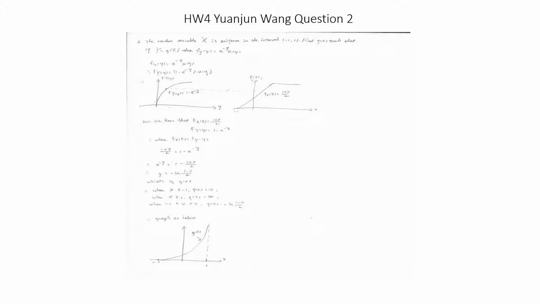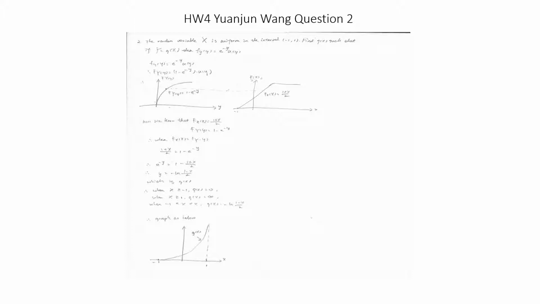And we can graph it, as we can see here. The left hand side is the graph of F_Y of y, and the right hand side is the graph of capital F of x.